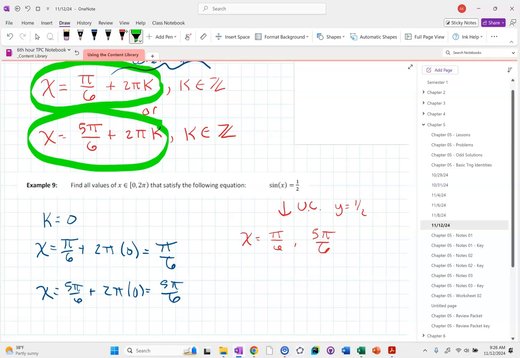Then I'll try k equals 1 and see if that falls in the interval. Then I'll try k equals 2 and see if that falls in the interval. Then I'll try k equals 3. And I'll just keep going until I start getting answers that are too big. Or I could go the other way and keep going until I get answers that are too small. Is everybody okay with that idea? So this general solution here is going to be kind of our skeleton key to unlocking any solutions over any interval that we so desire.